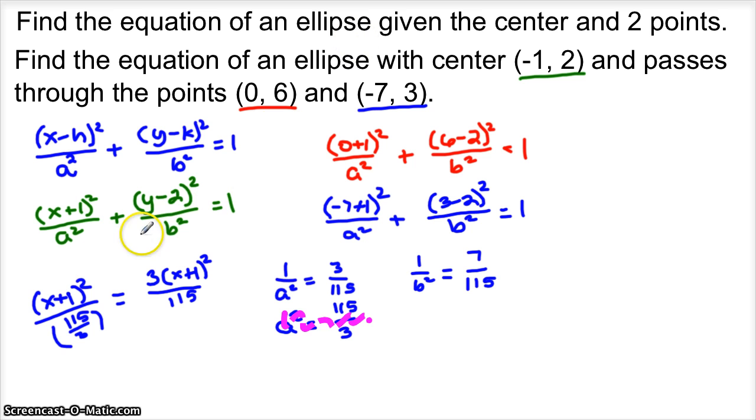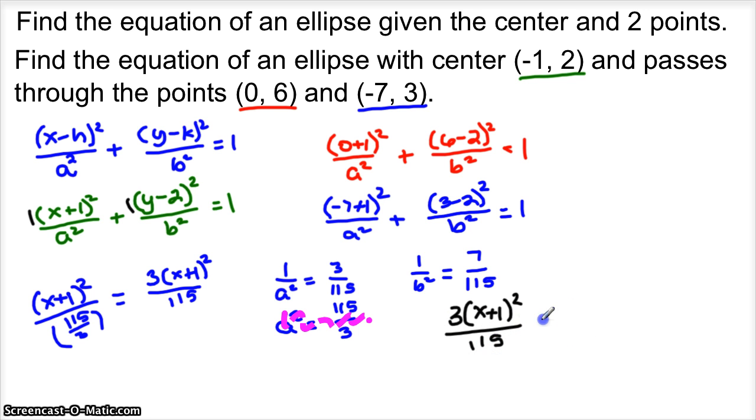Okay, so using the green equation I have over here, I'm going to substitute my 1 over a squared and my 1 over b squared for the 1 over a squared and 1 over b squared that I have here. Okay, so this 1 over a squared was 3 over 115, so this becomes 3 times x plus 1 squared divided by 115.